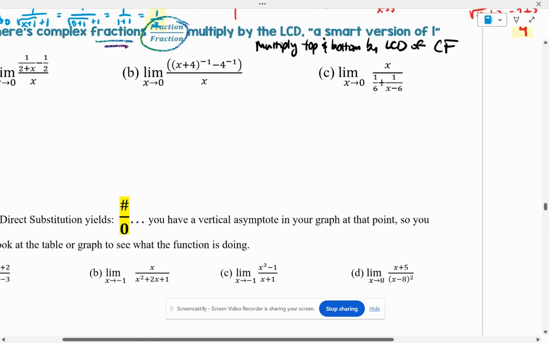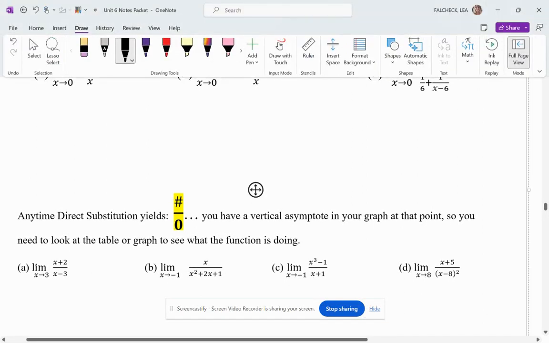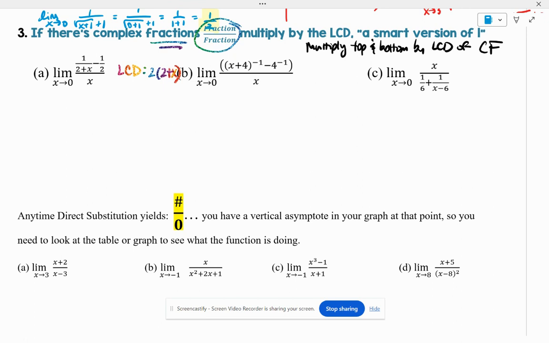CF, complex fraction. Okay. So what's the LCD of the complex fraction here? We'll do our direct substitution right up top. 1 over 2 minus 1/2 over 0 gives me 0 over 0.